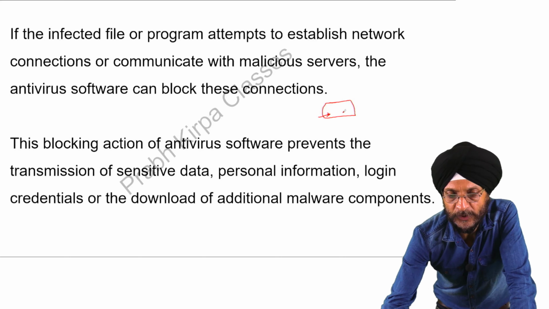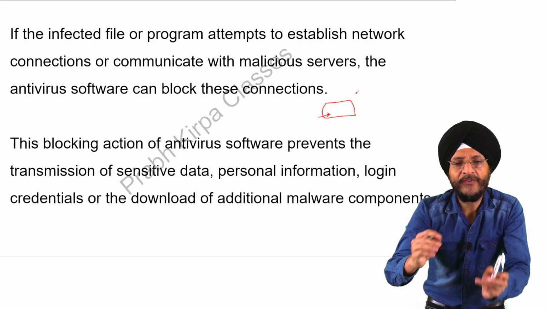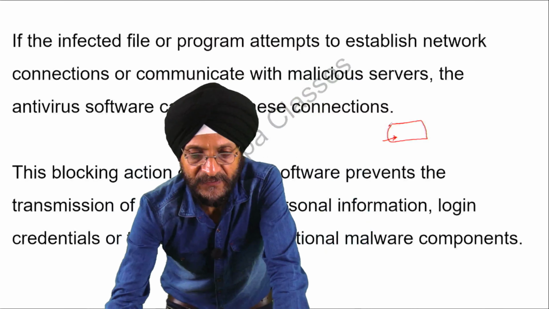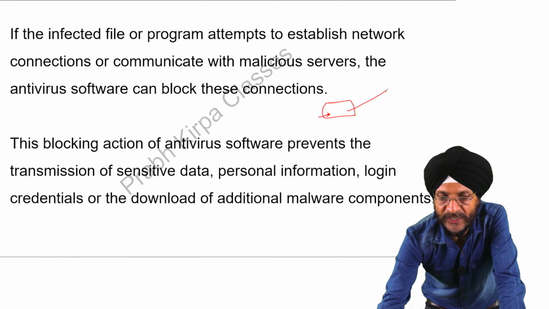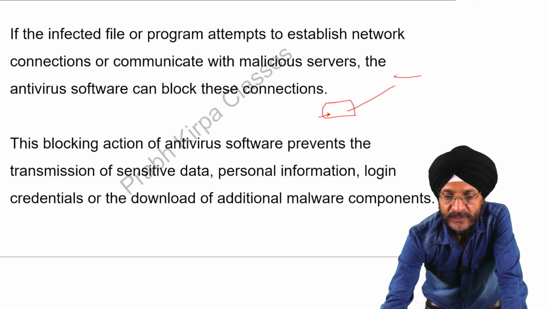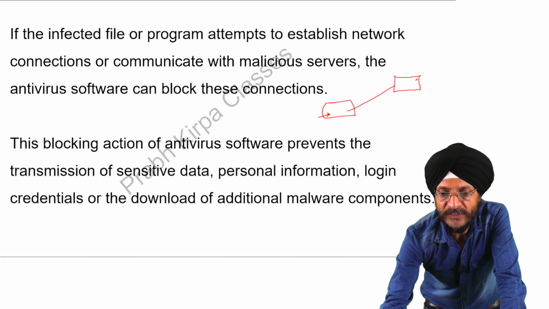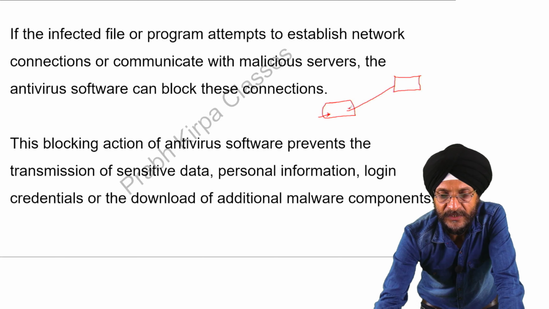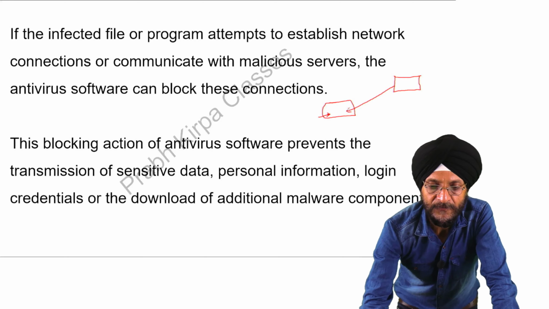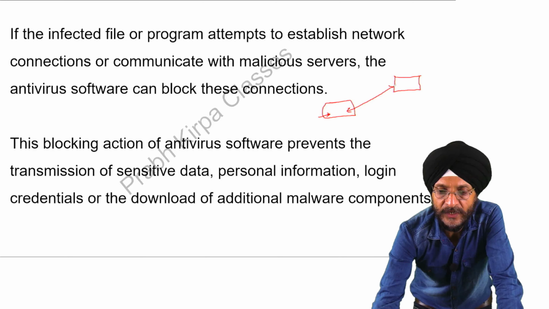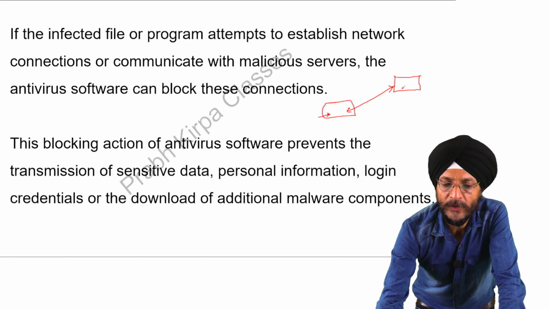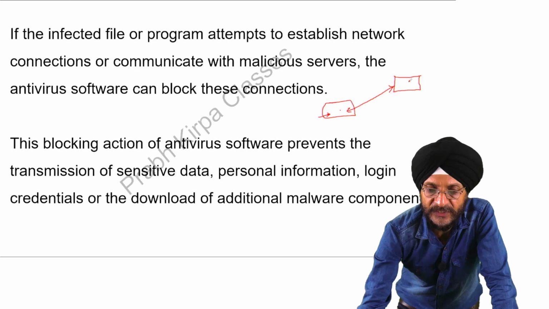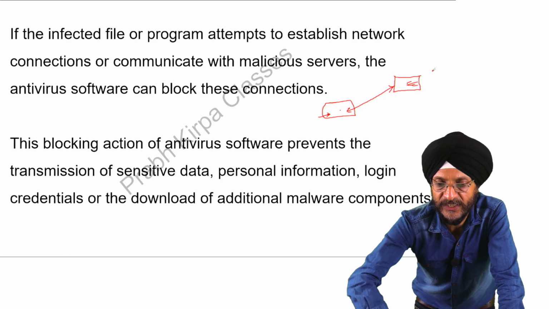Then it is quite possible that the malicious software has been designed by the cyber criminal in such a way that it will establish contact with the computer system or the server of the hacker, and it will pass the information which is personal or confidential from your computer to the computer of the hacker or the malicious server. It may pass on the information from this computer to this computer or the malicious server of the hacker.